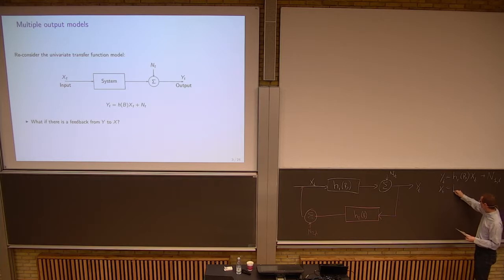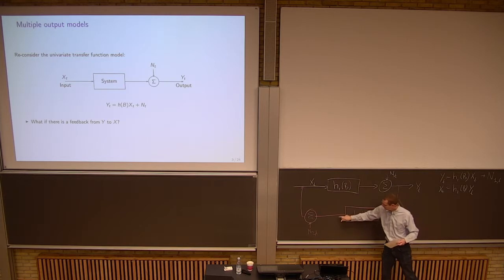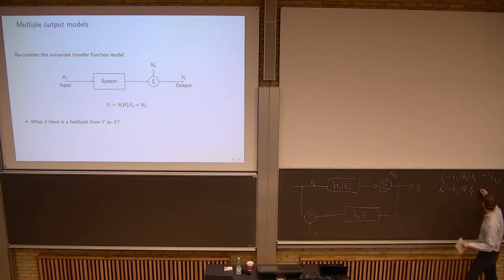Well, that is then h2 of b on yt. That's what gets out here. And then I want to add the noise there. So this is what we have as a joint system here. So this is a bivariate system because we have two states. And now they're both input and output.